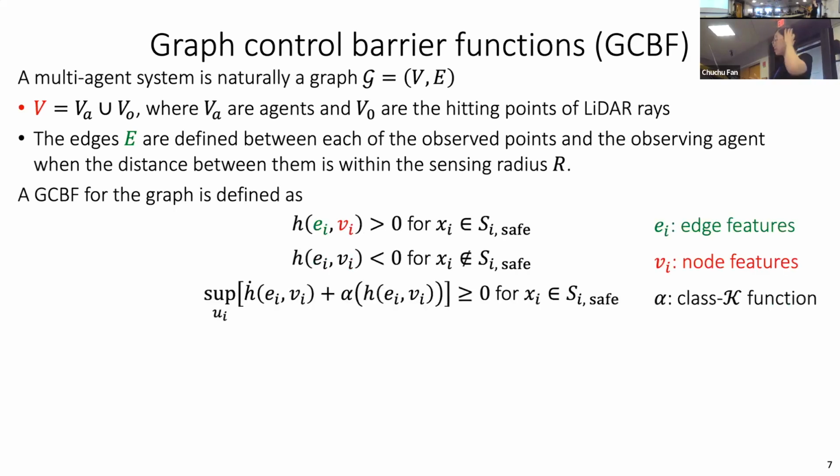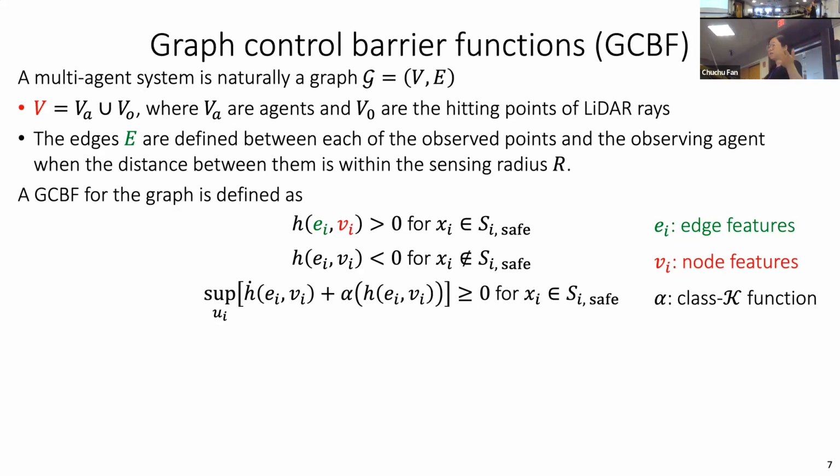And let me just list the three equations, and that will be one of the few equations I will show in my talk today. So GCBF is a function h that will take in two types of input. One is the node and the other one is the edge. We call those node features and edge features because, as I said, a node could be different.